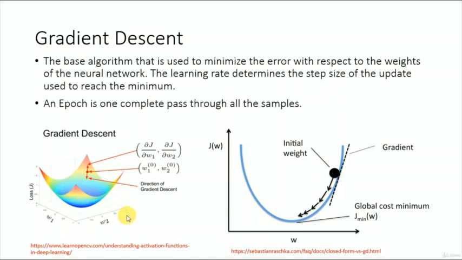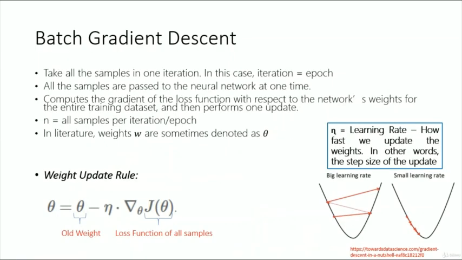Now let's look at batch gradient descent. In batch gradient descent, you take all of your samples one time, feed them through the network, calculate the error, and then backpropagate this error to update the weights. So you're updating the weights based on all of your samples. You compute the gradients of the loss function with respect to the network's weights for the entire training dataset.